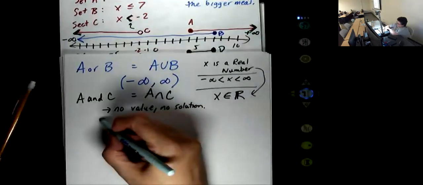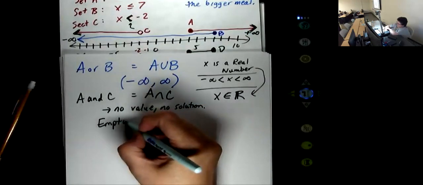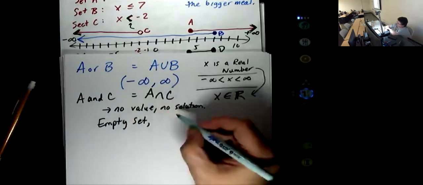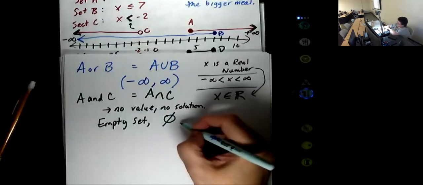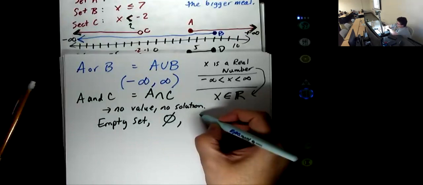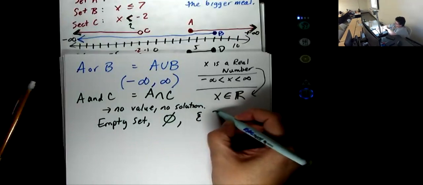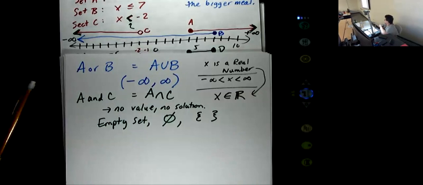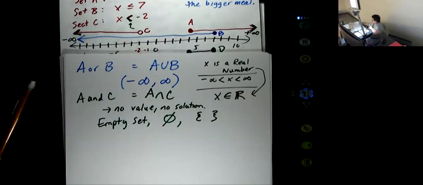The words they'll use for this are empty set. They might show a 0 through a line for it. And another way of showing the empty set is just doing empty braces. But there is no interval for this.